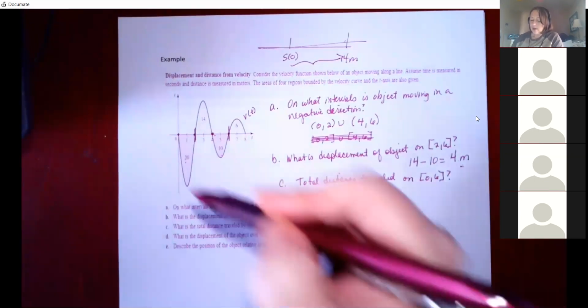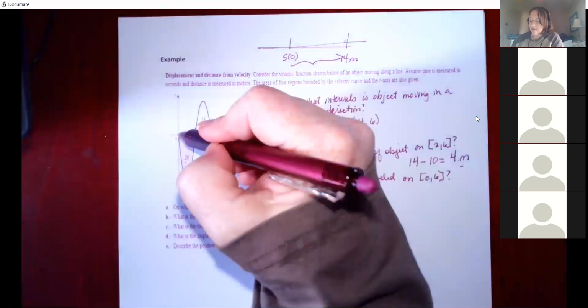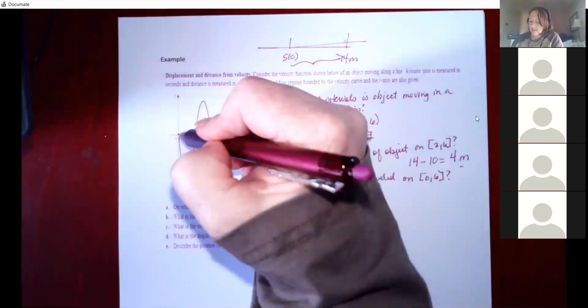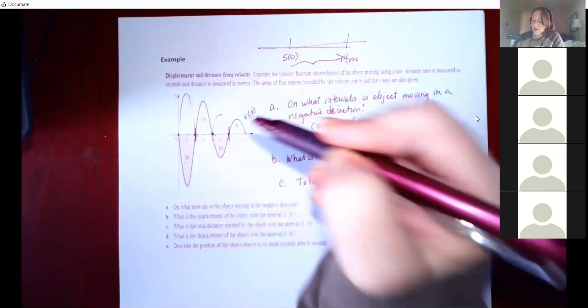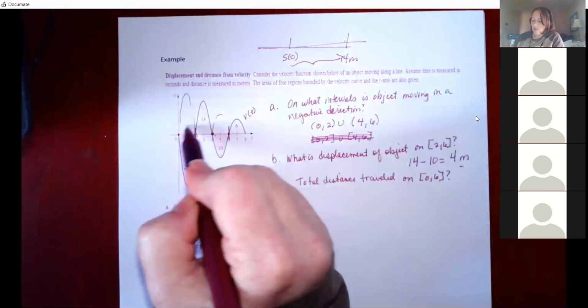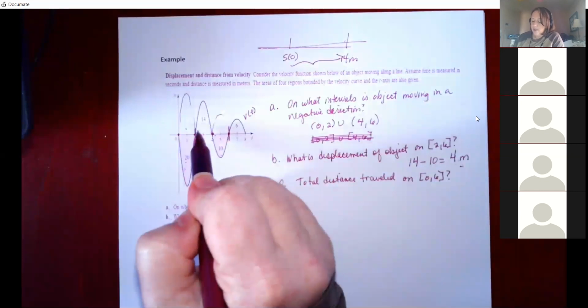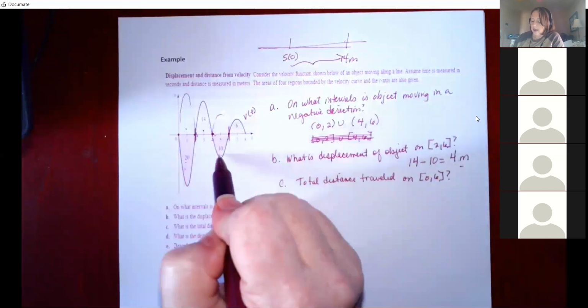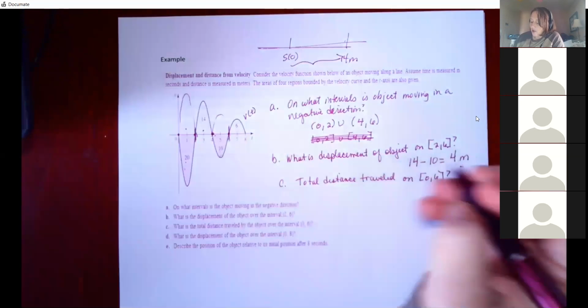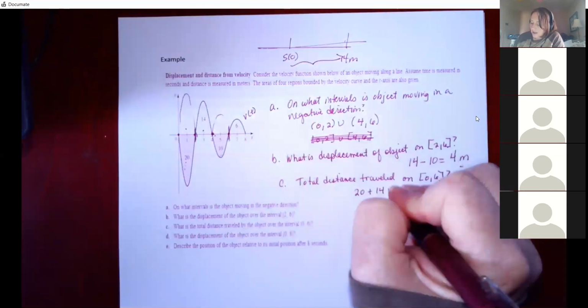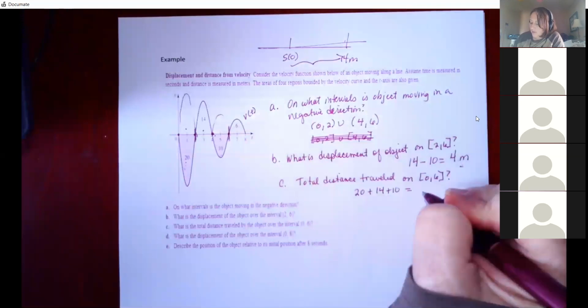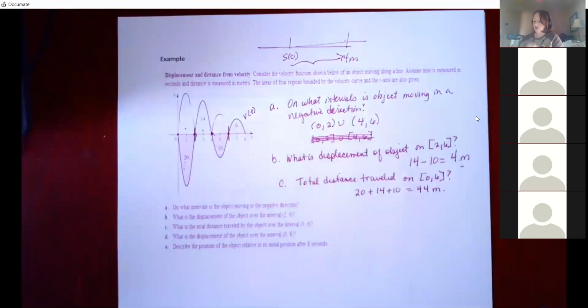So between 0 and 6, if we took the absolute value of that function, this guy would just pop up here to the positive version of that. This would pop up here. So the area for this part would be 20. Between here, it's 14, and here to here, it's 10. So our total distance traveled will be 20 plus 14 plus 10, or what, 44 meters.